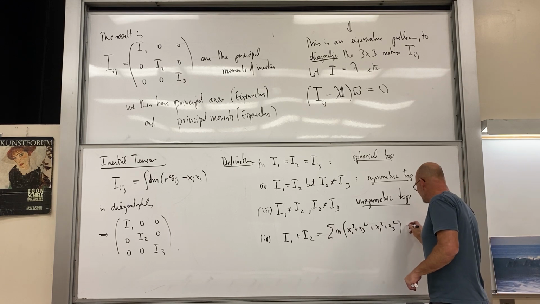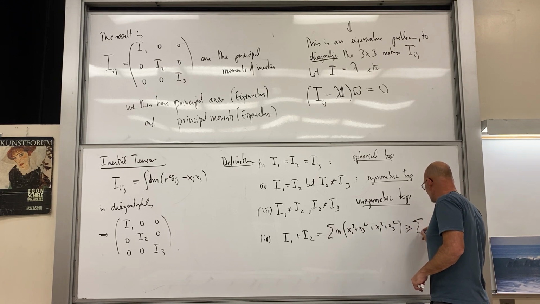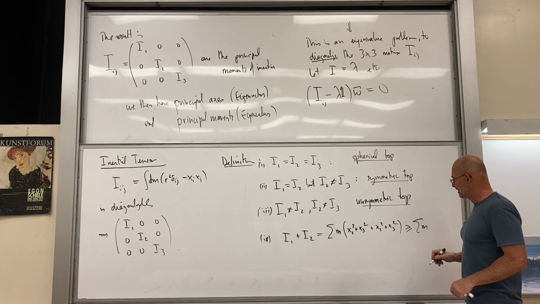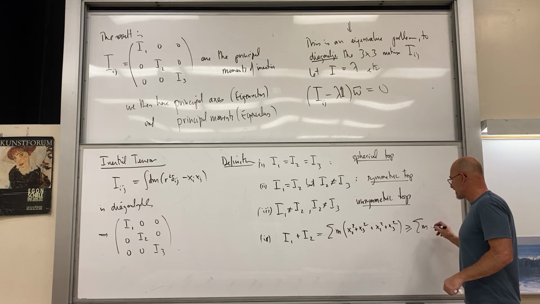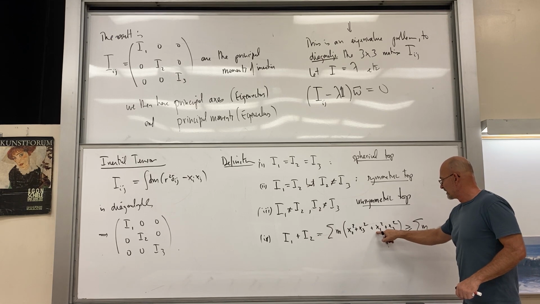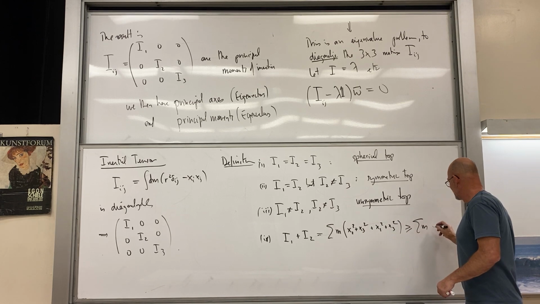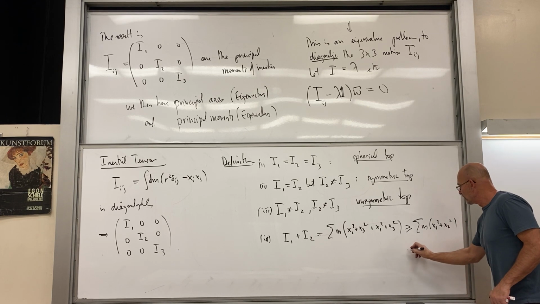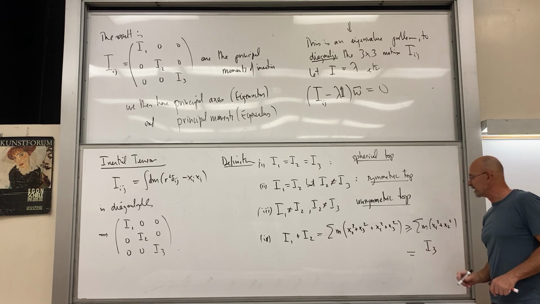So that's going to be greater than or equal to the sum over m of x1 squared plus x2 squared, which is by definition I sub 3.